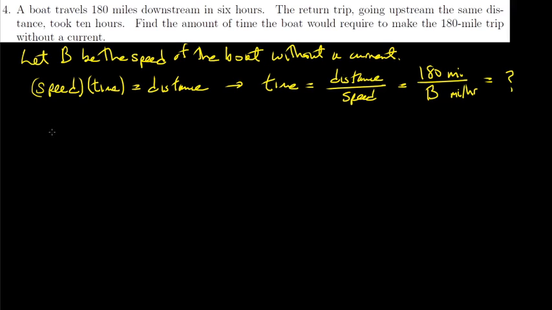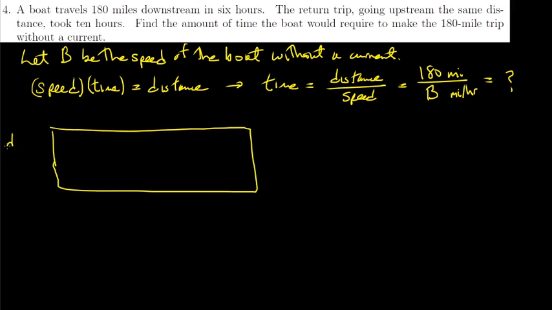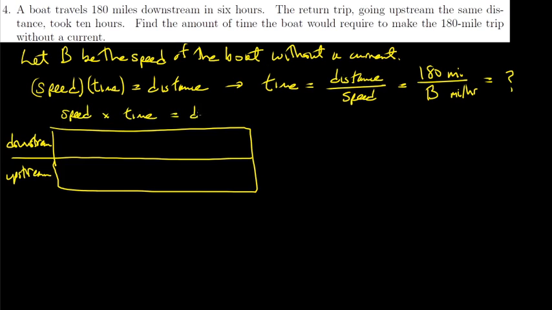And that's done the usual way. I'll make a little table here: we're going downstream and then upstream, we turn around. Again, speed times time equals distance. The distance is 180.